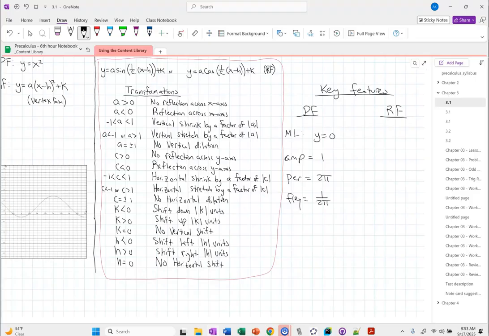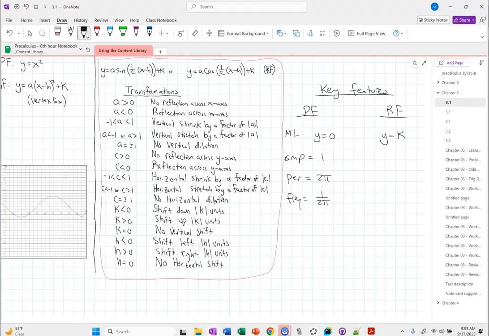So that up or down shift is controlled by K. It turns out that that will just give us the equation for the midline, y equals K. So if it was at 0, and I shift the graph up 4 units, the midline's going to have to shift with everything else to stay in the middle. So it's got to shift up 4 units also, for example.